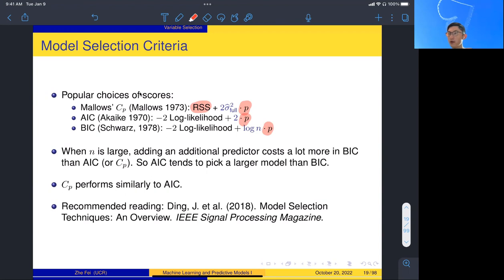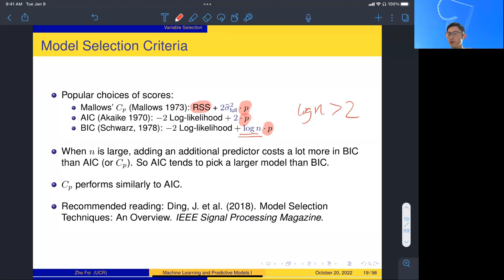One remark regarding AIC versus BIC: the difference is that BIC has log n in front of P. With a reasonable sample size, often you have log n greater than 2. So this is saying we have a larger penalty for the model complexity if we use the BIC criterion.